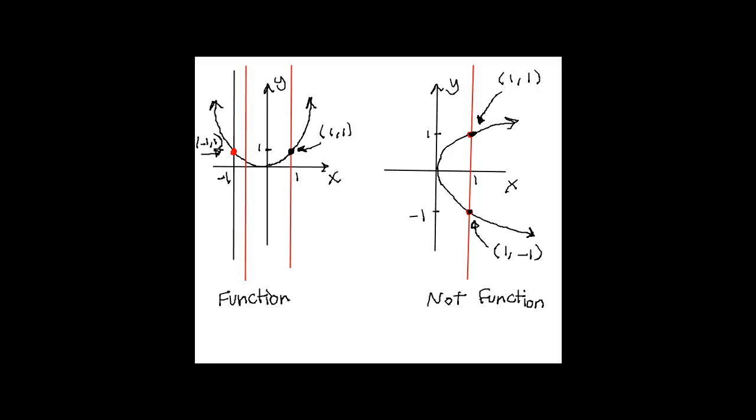So now let's take a look at this closely. What happens when the vertical line passes through a graph in more than 1 point? Let's list those points. Like here, we have 1 point here. And here we have 1 point here. So if these were the points that represent our graph, at least a couple of them, how can you say if this is not a function just by looking at those 2 points?